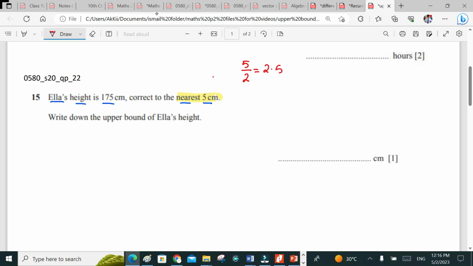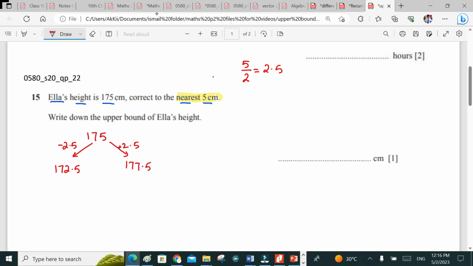Then if this is your number, that is 175, you can subtract 2.5 from it and add 2.5 to it, right? So when you subtract, it becomes 172.5, and when you add it, it becomes 177.5.